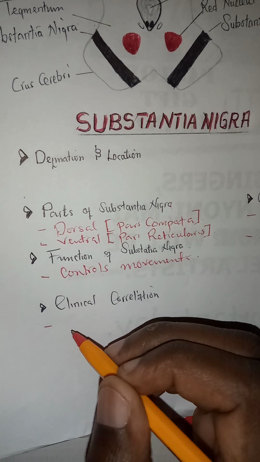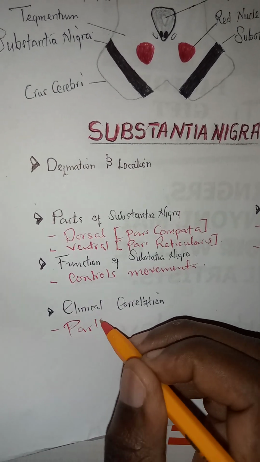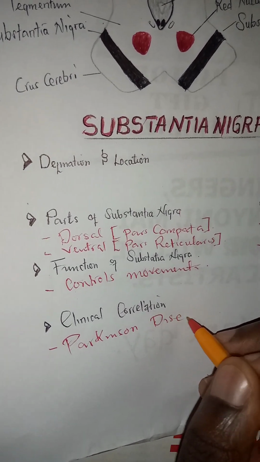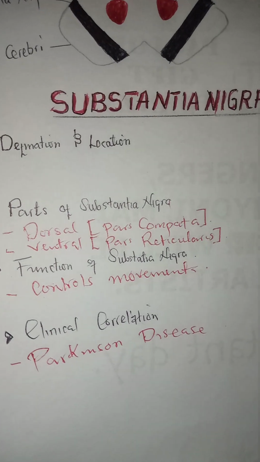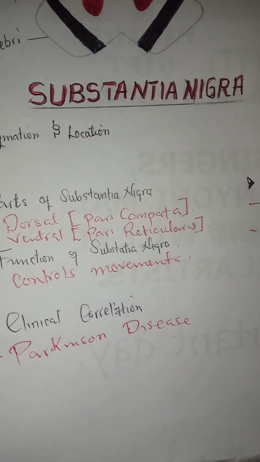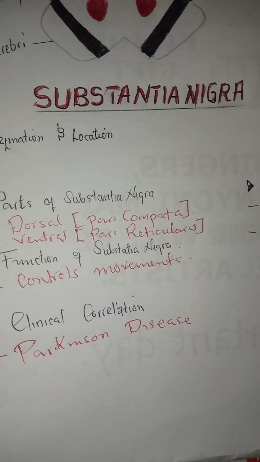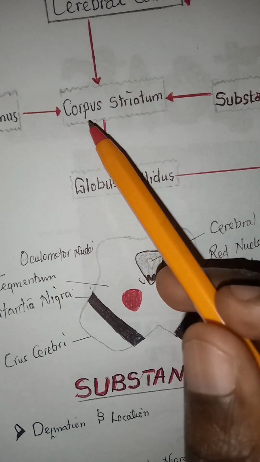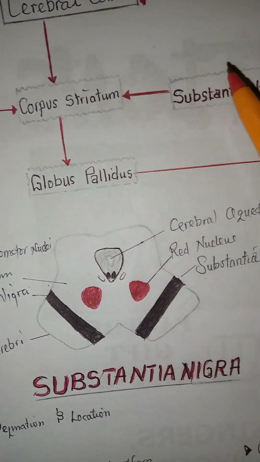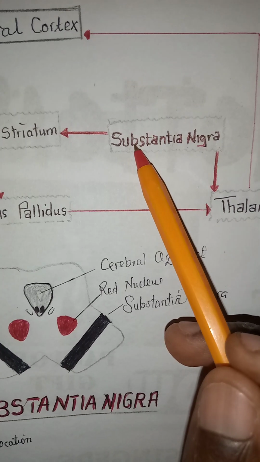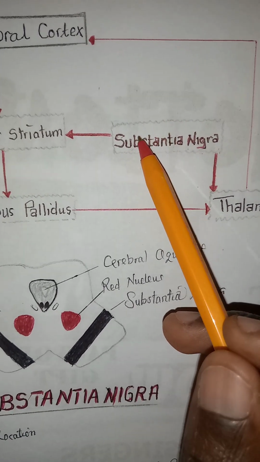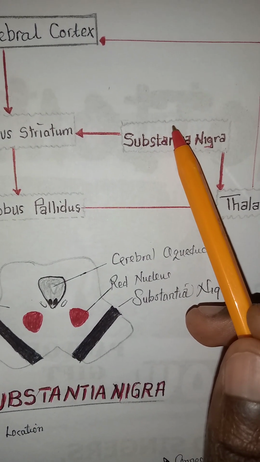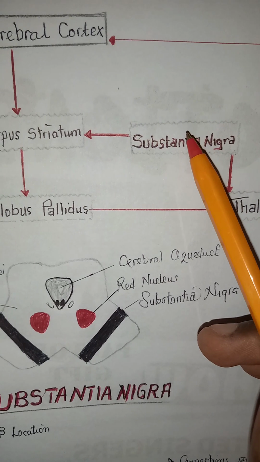We can talk about Parkinson disease, which comes about because of a deficiency of dopamine in the corpus striatum. If we have a deficiency of dopamine here, it means the substantia nigra is no longer producing dopamine. It might be due to a lesion or degeneration of the substantia nigra.